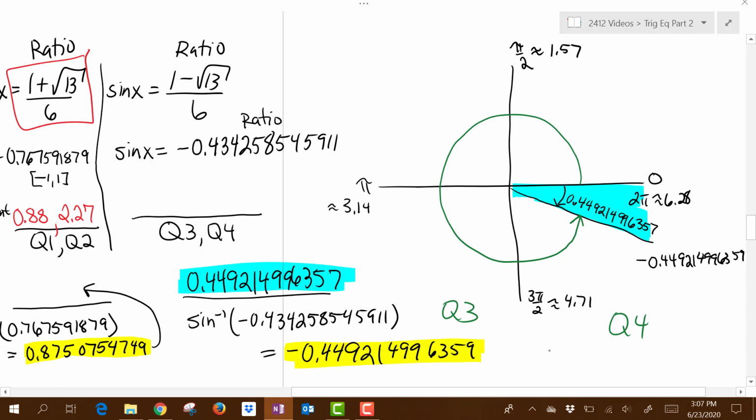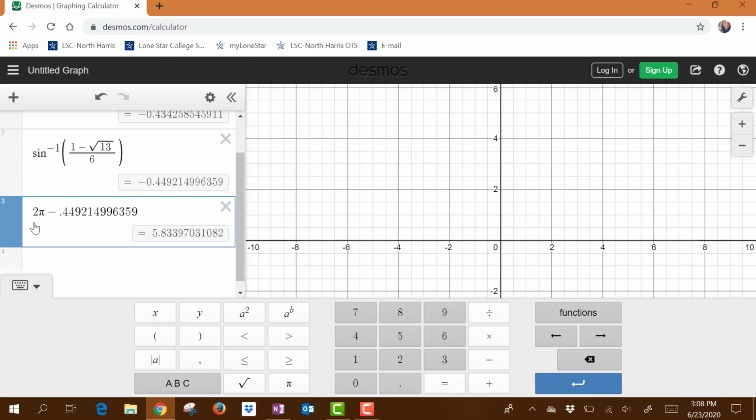That's going to be 2 pi, going all the way around the circle, and then subtracting off that reference angle. So I'm going to put this into our calculator. When I type in 2 times pi minus that reference angle, I get about 5.83 and so on. So I'm going to copy that back to our notes.